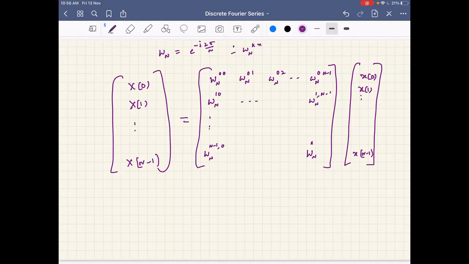N minus 1, n minus 1. So this is now an exponential basis matrix. Each column you can consider as one basis function: this is frequency 0, this frequency 1. Frequency 1 means it's not 1. What does frequency 1 mean here? Can some of you quickly tell? K equal to 1.